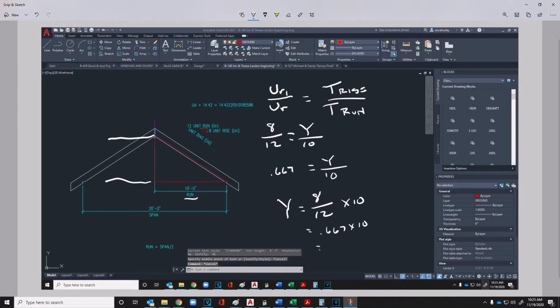All right, so this is equal to 6.667, and we know that 0.667 is 8 inches. So this is 6 foot 8 inches. I'm just scatterbrained this morning for some reason.